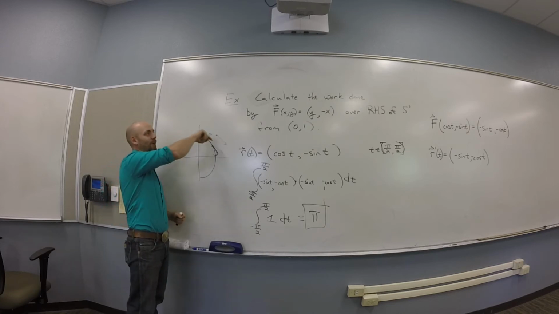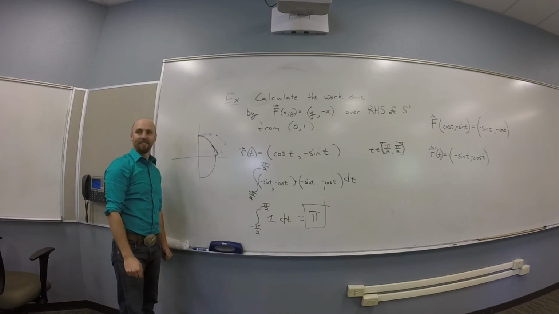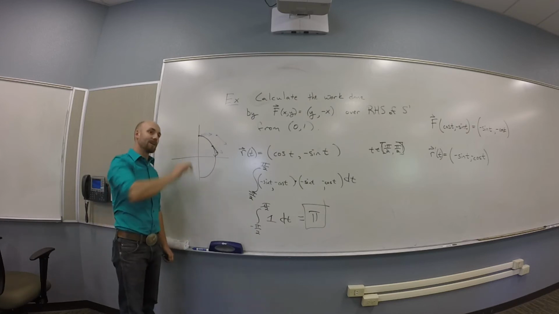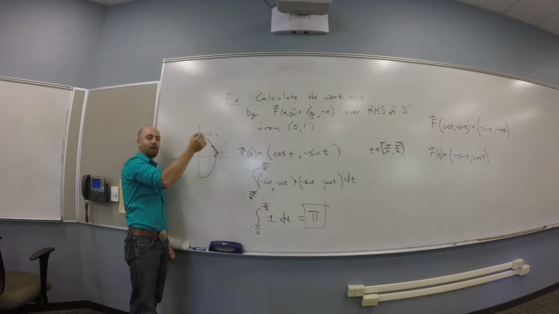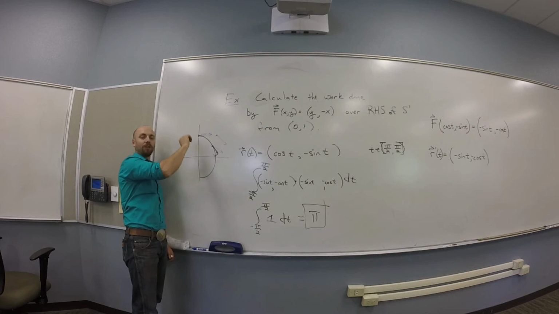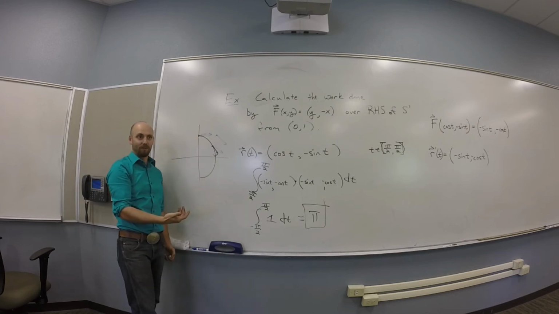That's because the flow lines along that are all unit vectors, and this is a flow line. So at each point, it's helping one unit worth, and it's going pi units, so this thing's doing a total of pi units worth of work to help you out. You guys see that?